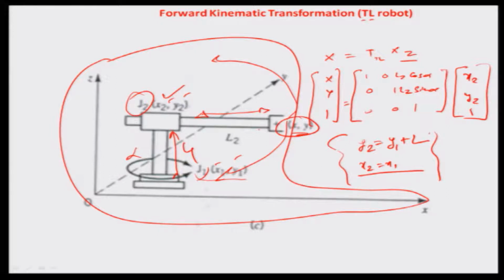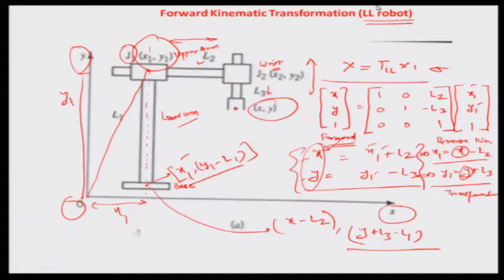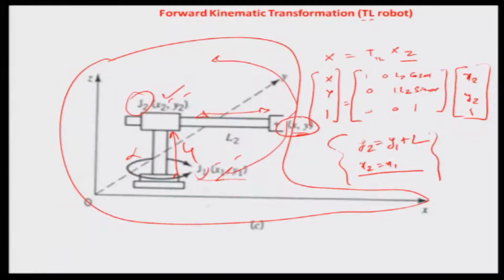Obviously, if you were to look at it, can we do the reverse? That is how the forward kinematic transformation of all the three systems, the linear, the rotary and the twisted linear kind of robot arms, have been defined.